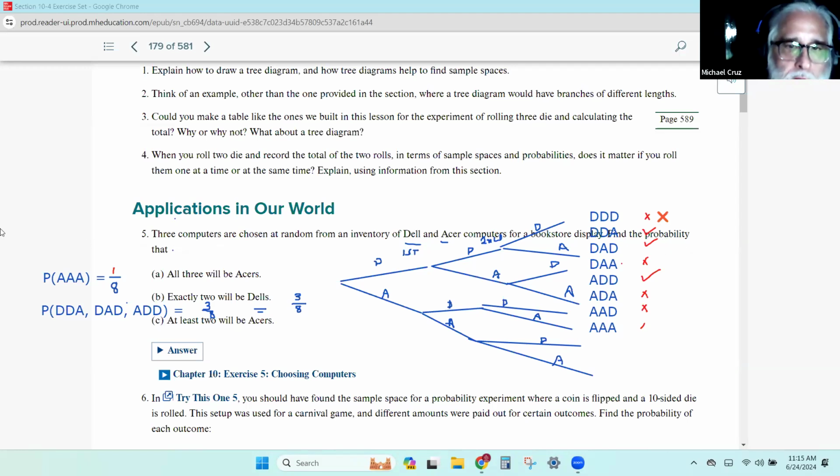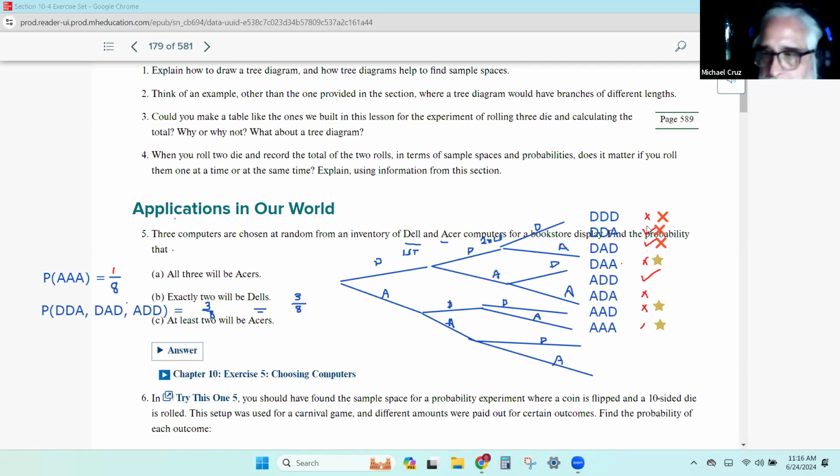I was going to use a different color here. All right. So this one's got only one Acer. This has only got one. But now we're talking here. We got two, two, and two.